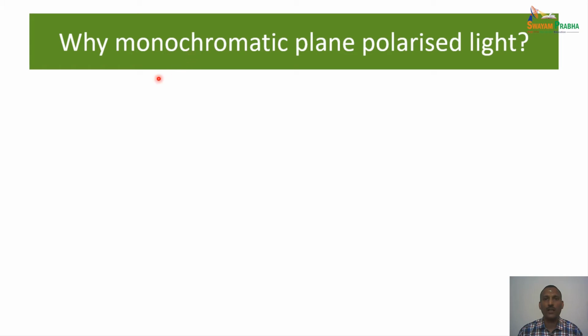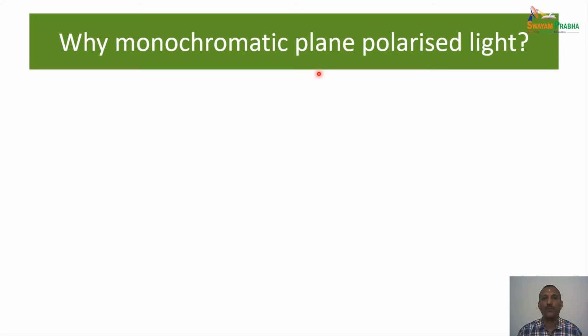And the next question we have in our mind is, why do we need to use monochromatic plane polarized light? Why not use normal light? Because normal light has two major components as we mentioned. It is polychromatic, that means there will be various wavelengths in that electromagnetic radiation. And the second one is that they will be going in all directions.